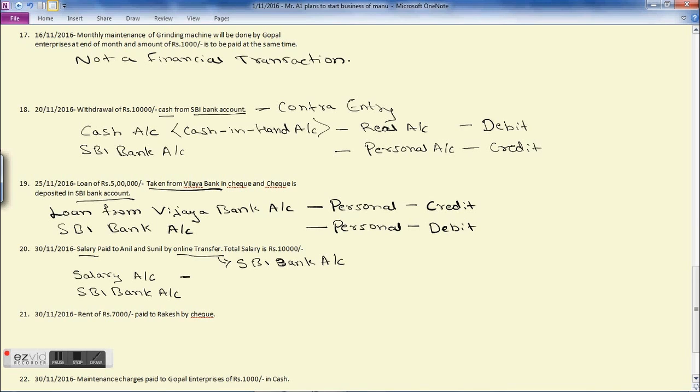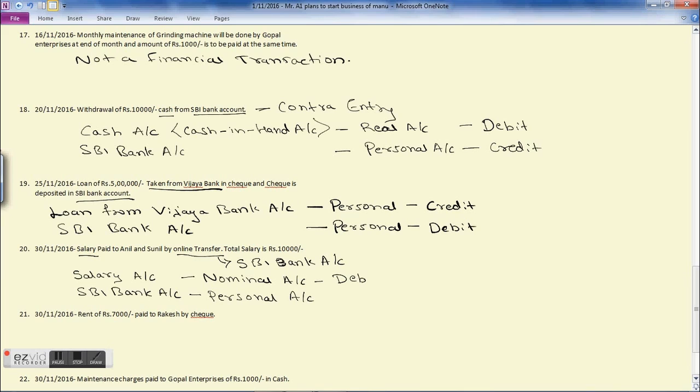Now salary account. What is a salary? Salary is an expense. So what is a type of account? Nominal account. And SBI bank, it's an organization. So type of account is a personal account. Right? So salary account, what is a rule for nominal account? Debit all expenses and losses, credit all incomes and gains. So we will debit.